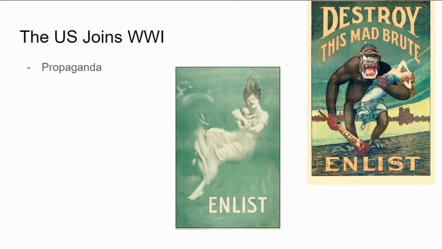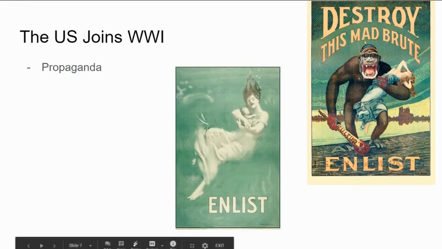You can tell by the helmet that was used in World War I. You have this brute, or the Germans, attacking innocent women, saying we should destroy this mad brute, aka Germany, defend our women. We have a victim of the Lusitania drowning, an innocent woman and child, trying to get people to enlist. The propaganda machine is going to really stir up sentiment to join the war.